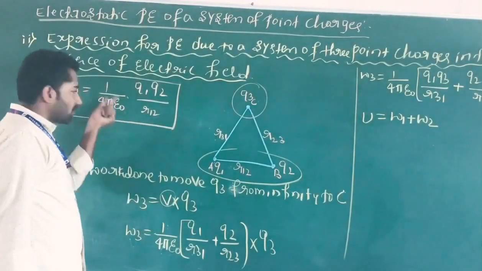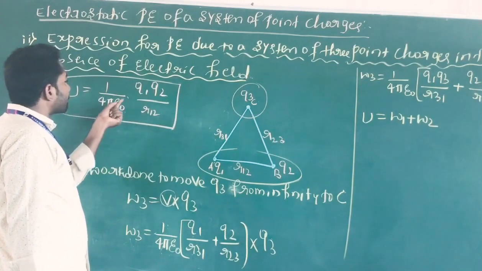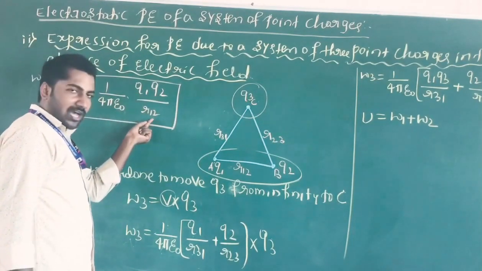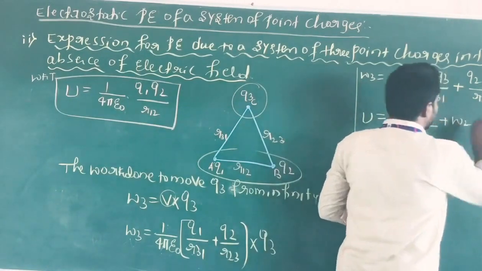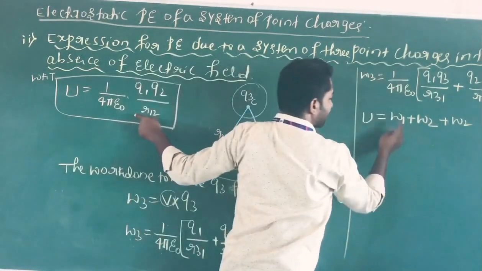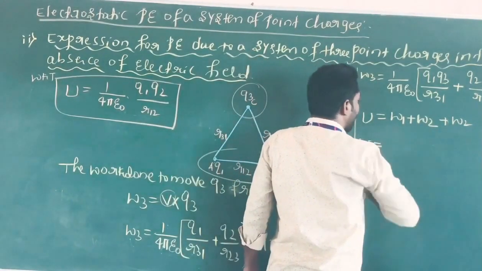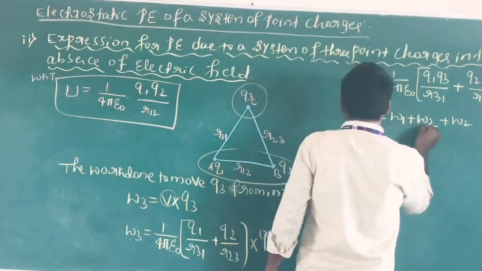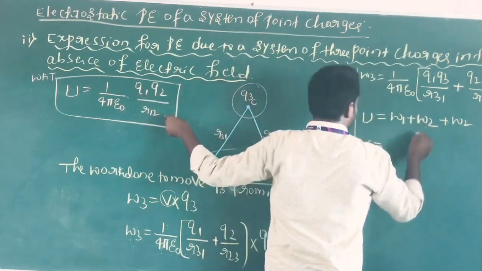Already we know that equation: the potential energy due to the 2-point charges is 1 divided by 4 pi epsilon naught, Q1 Q2 divided by R12. Here U is W1 plus W2 plus W3. Now substitute this value and this value in this equation. Here we get the potential energy due to the system of 3-point charges. W1 plus W2 is 1 divided by 4 pi epsilon naught, Q1 Q2 divided by R12.